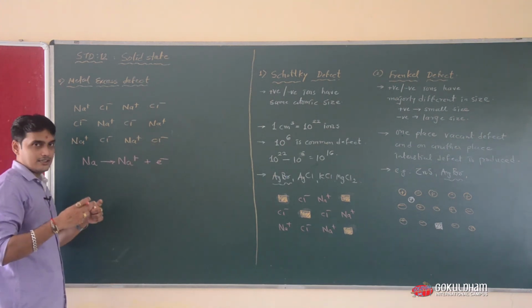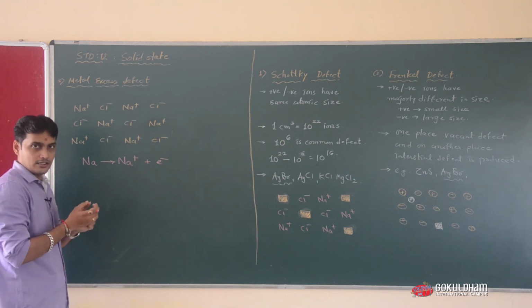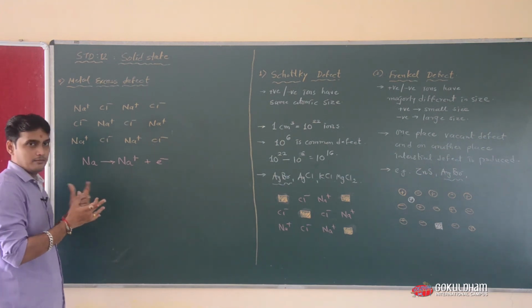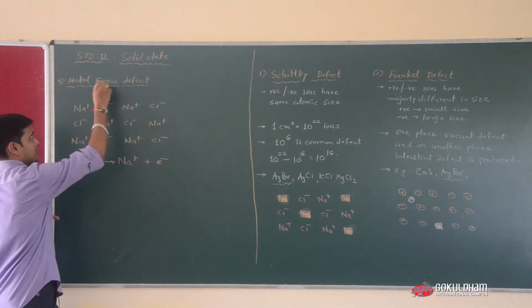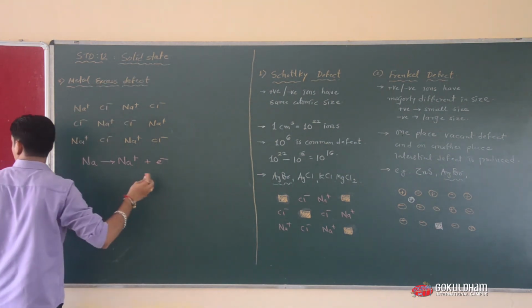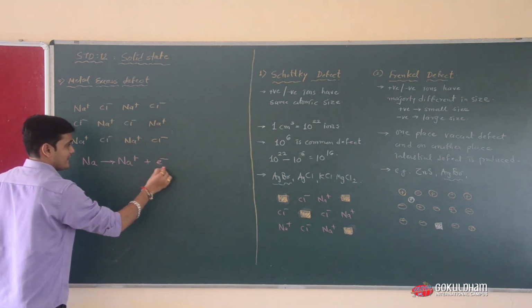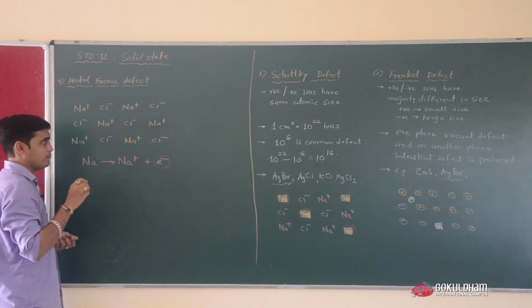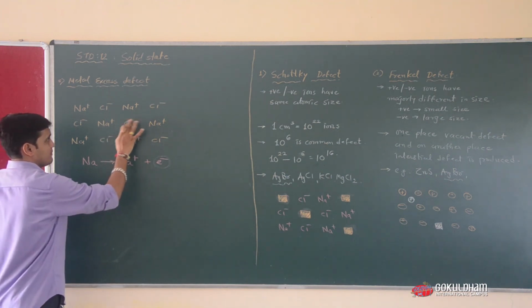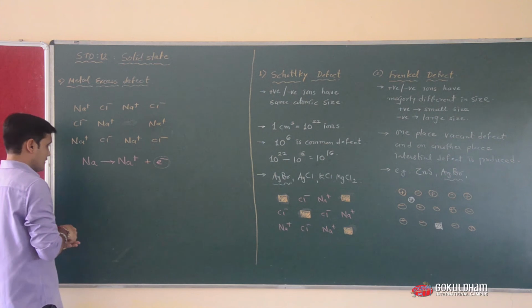So Na plus and Cl minus are bonded with each other, and a new solid will be formed. But in this metal excess defect, this liberated negative ion, meaning this electron, will replace one Cl minus from the solid.